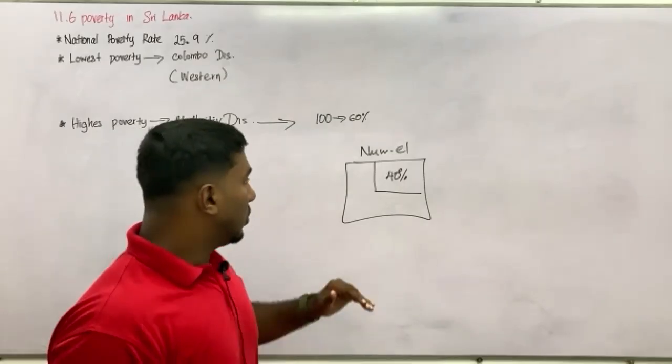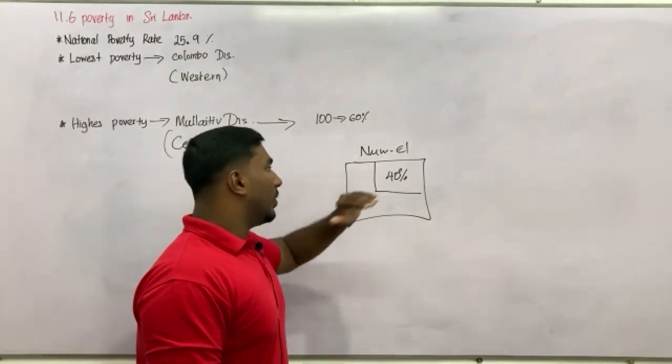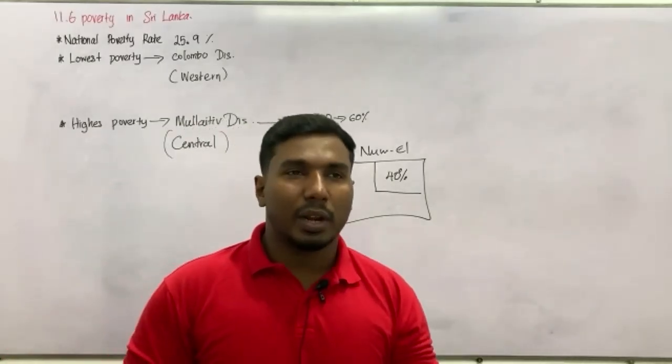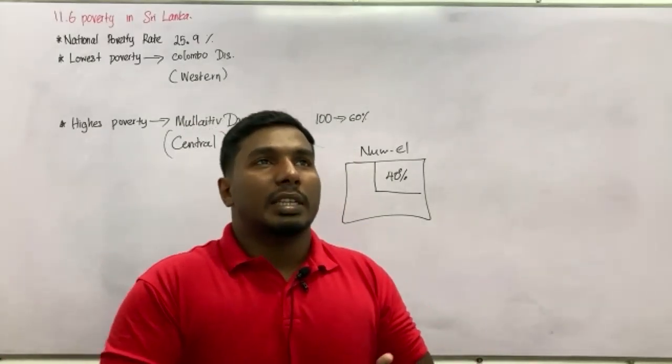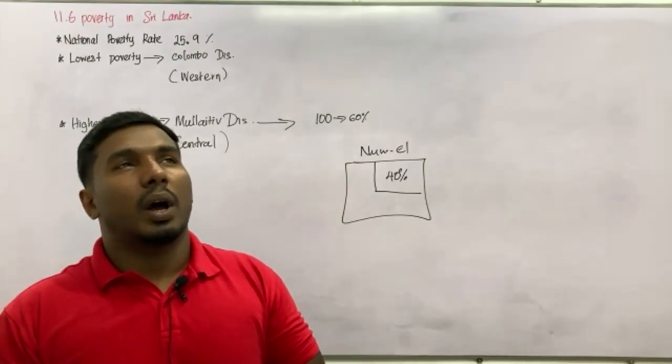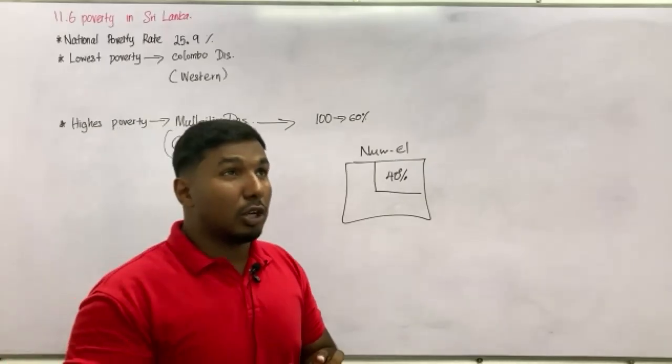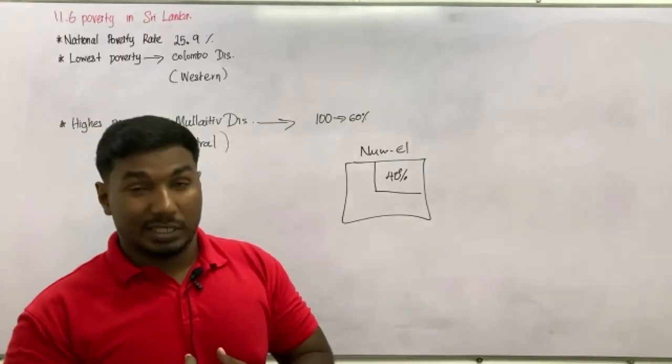So from Nuwara Eliya, around 40 percent, Kandy is a smaller amount, Matale a very small amount, and there are also estate sector workers in Badulla. Yes, Badulla also has plenty of estate sector workers.